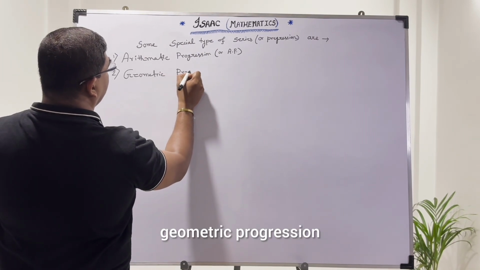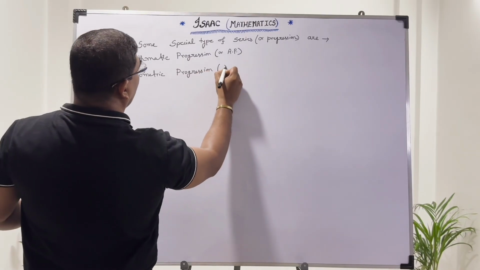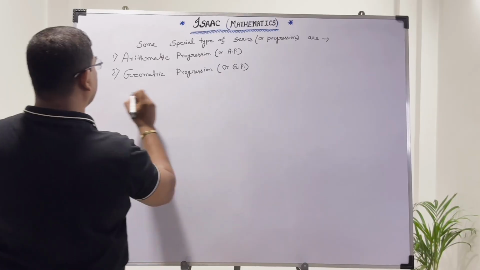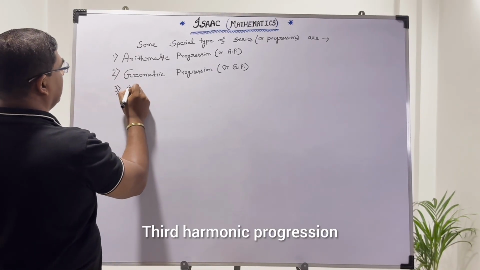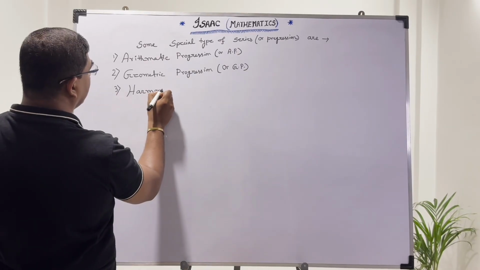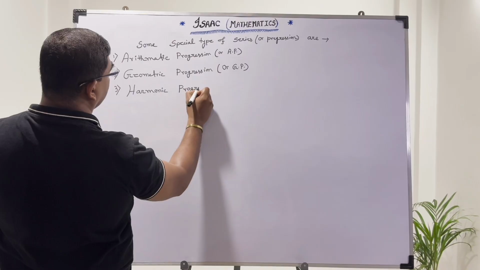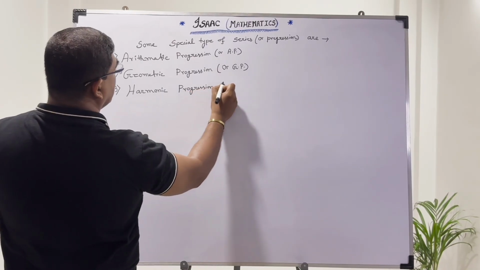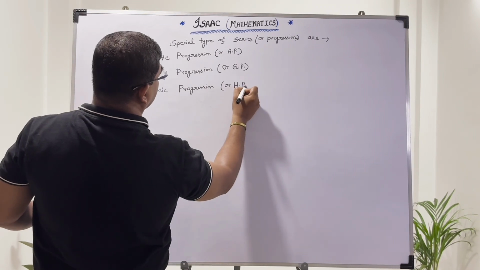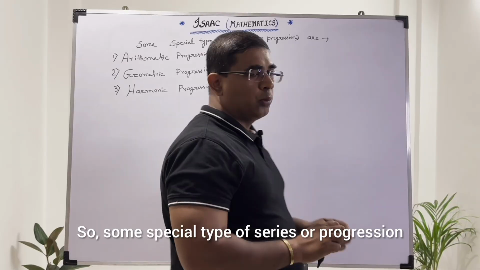Geometric progression or GP. Third, harmonic progression or HP. So, some special type of series or progression.